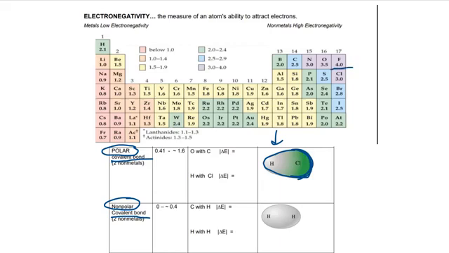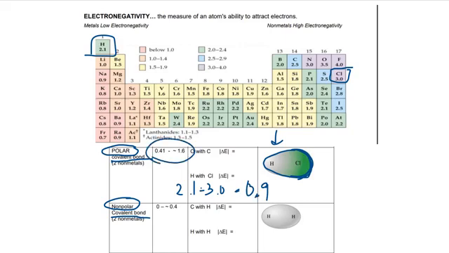Chlorine, if I look at chlorine up here, has an electronegativity value of 3.0 and hydrogen is 2.1. So if I take the difference between 2.1 and 3.0, I get 0.9, taking the absolute value, 0.9.